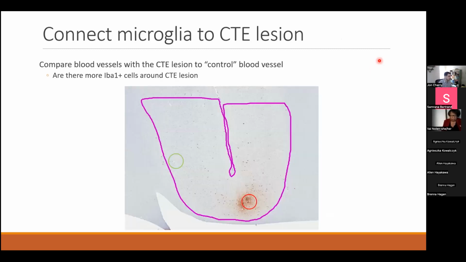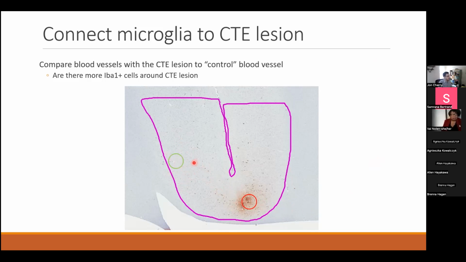So how do we do that? Well, we use the same digital images from before, but this time we looked within each image and compared them to themselves, essentially. We said, okay, we're going to select lesion vessels, so lesion blood vessels, lesion pathognomonic lesions, and compare them to non-lesion vessels. So we call them control vessels within the same individual.